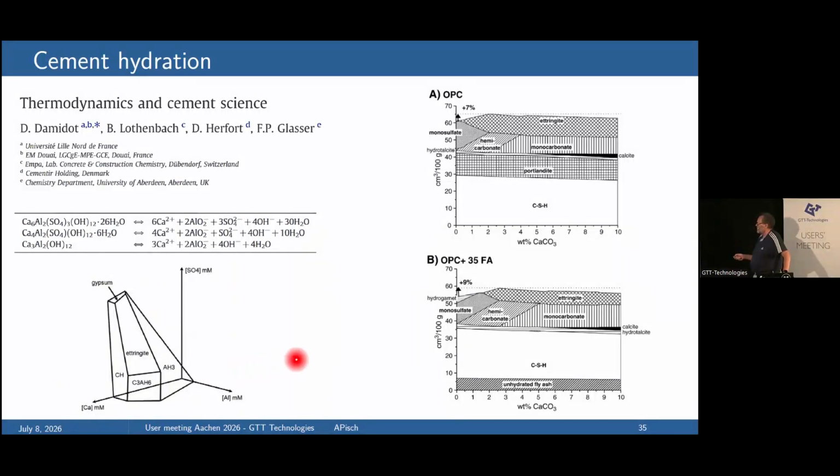And then what they want is to know the space filling with the phases. Therefore, you would need molar volumes of the phases in order to see the thermodynamic equilibrium gives you an amount, and you have to transform it into volume, because when it comes to concrete, the name of the game is space filling. The more you fill the space, the harder is the concrete. It's as easy as such. The less voids you have, the better.